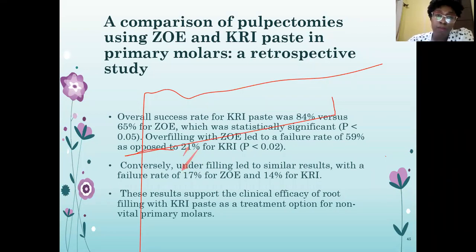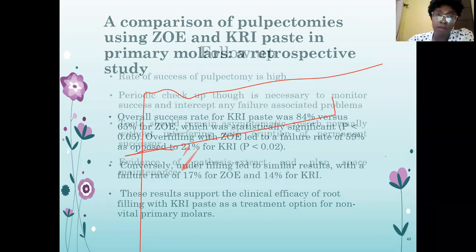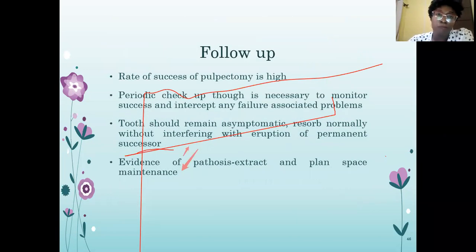So the results support the clinical efficacy of root filling with KRI paste as a treatment option for non-vital primary molars. So the success rate of pulpectomy, it's not high, but it is high. Although periodic checkup is necessary to monitor success and to intercept any failure-associated problems.